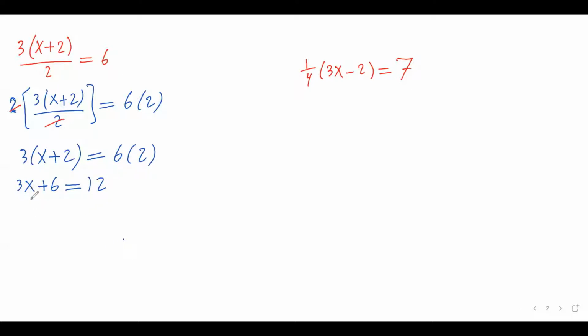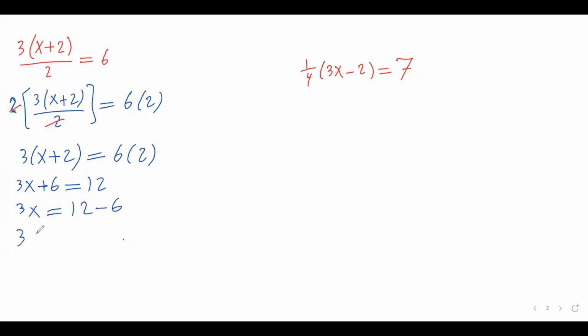Here we need to move this constant term to the other side, so I have my variable on one side. So we keep 3x on the left side, equals 12 on the right side, and I have to move this constant term to the other side. So positive 6, once you move it to the right side, becomes negative 6.